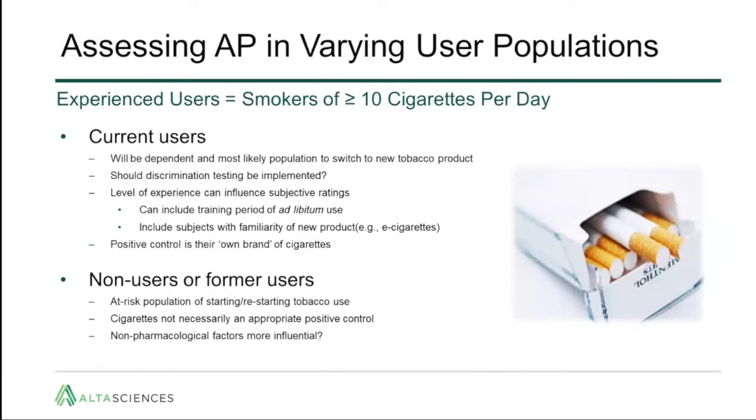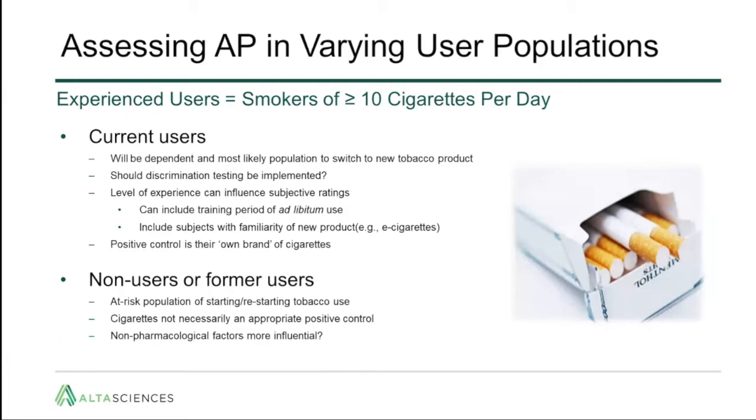So when we're assessing abuse potential in different populations, we typically think about the types of individuals that we're bringing in for these studies. And typically these are going to be experienced users. By definition, these are people that smoke at least 10 cigarettes per day. They're going to be dependent and the most likely population to switch to a new tobacco product. We have to think about whether discrimination testing should be implemented, showing that they enjoy the cigarettes and have a certain threshold of responding.